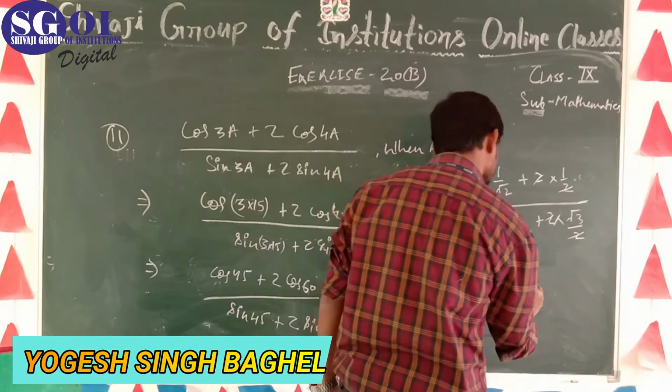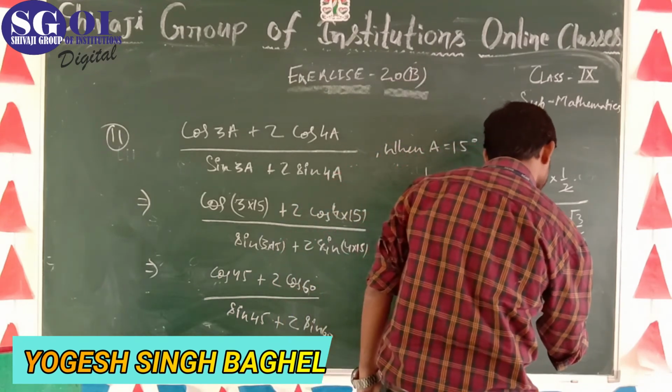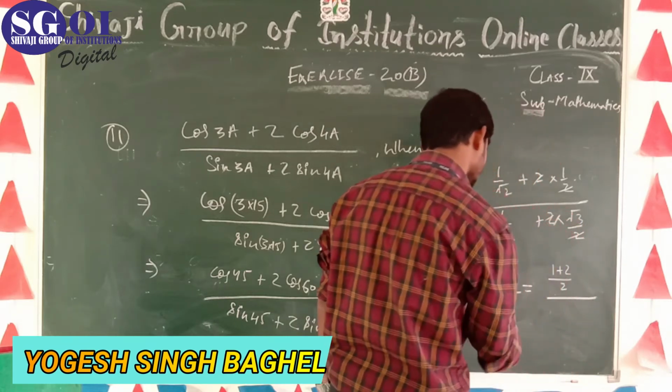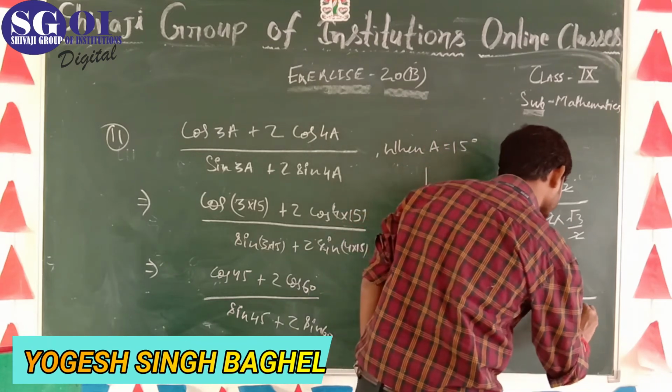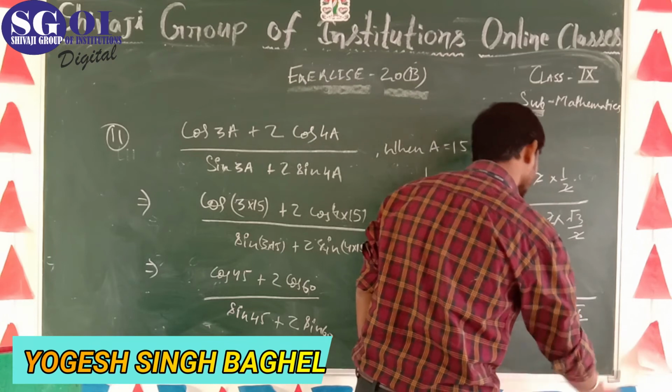So it comes 1 plus 2 upon 2 upon 1 plus root 6 by root 2.